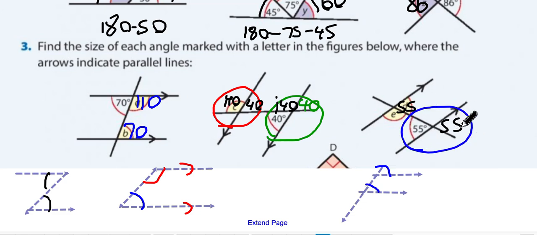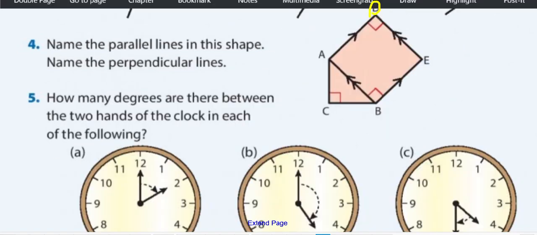If this one's a 55, it's on the right hand side. This one also has to be a 55 because it's on the right hand side. And what about E then? 180 take away 55? 125. Okay. Cool. That's tricky.